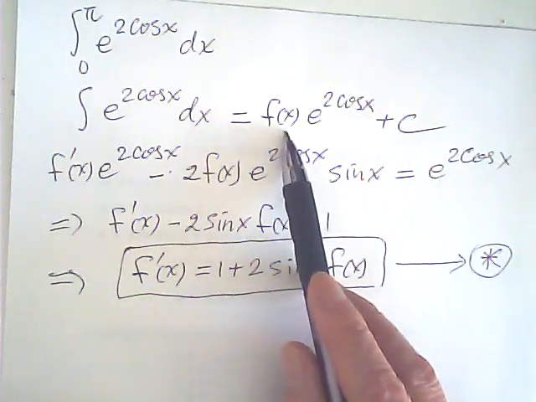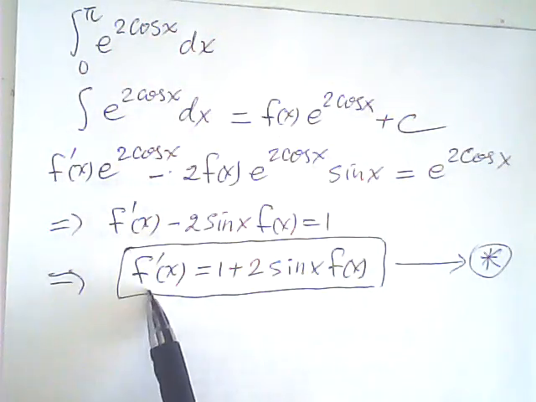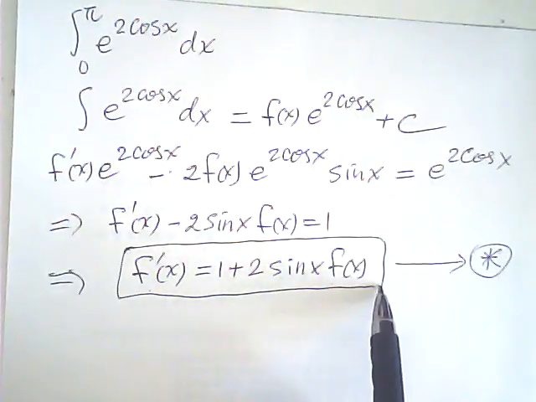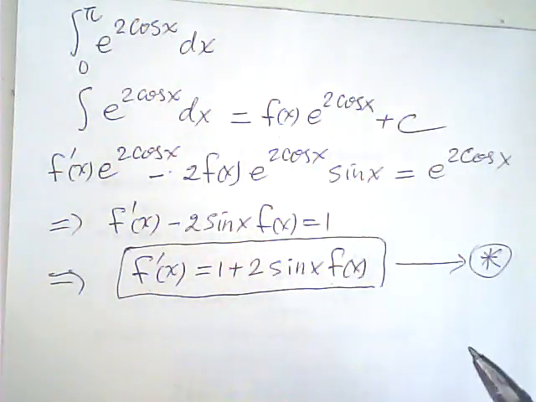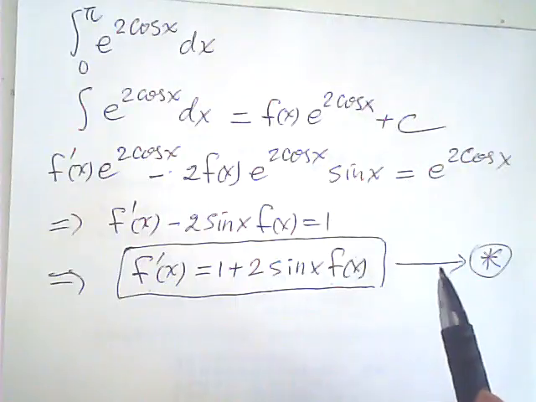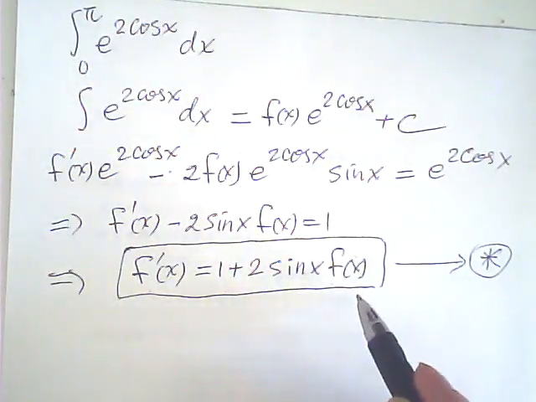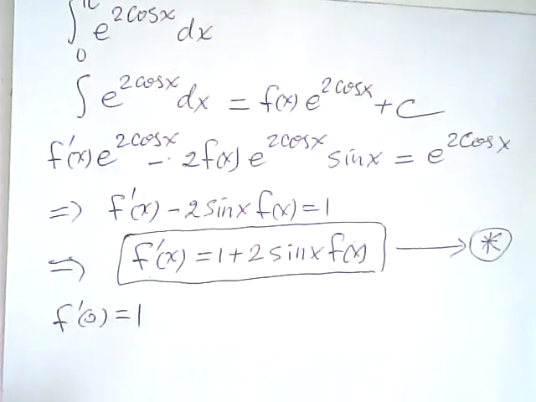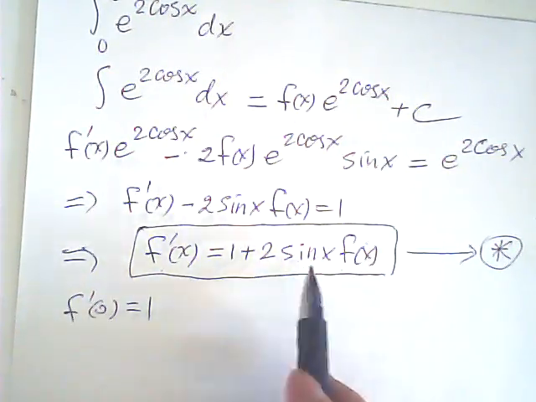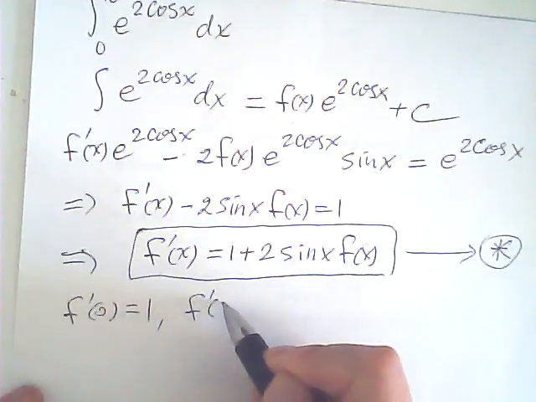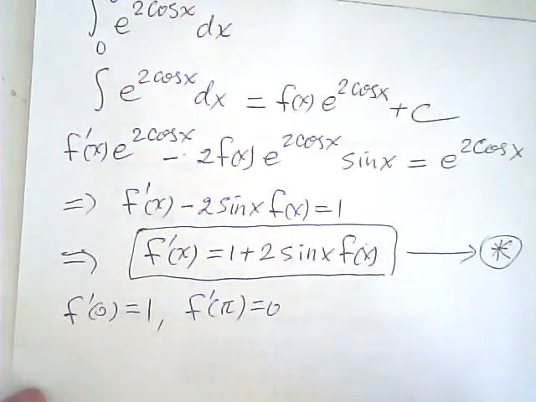To find f of x is not easy, but we have f prime of x here. Based on this function, I can observe that f prime of 0 is equal to 1, right? When x equals 0, this is 0. Then f prime of pi is also 1.